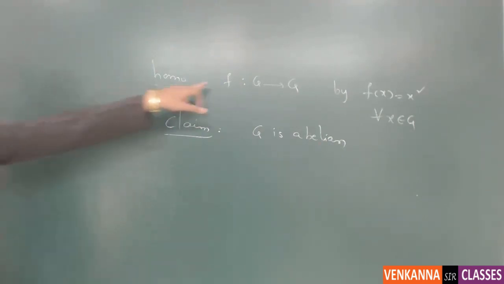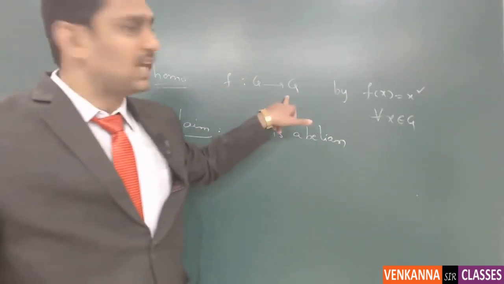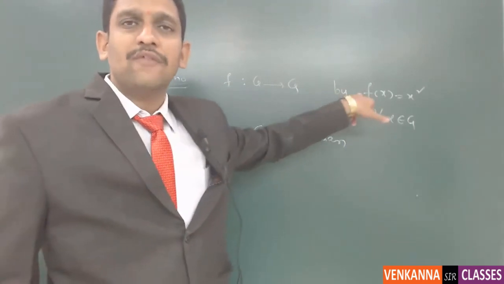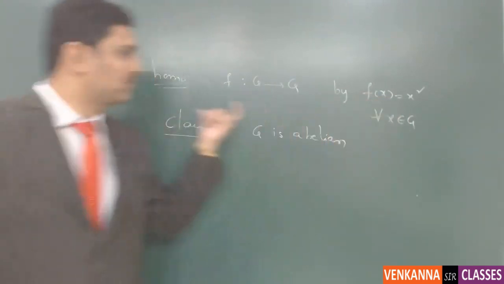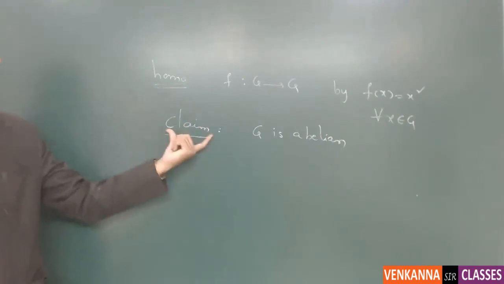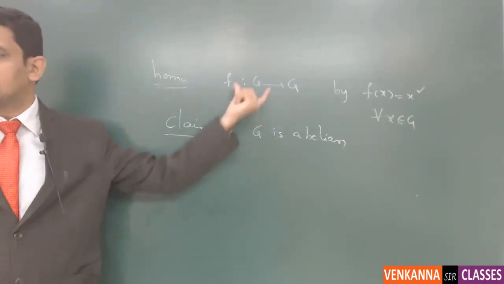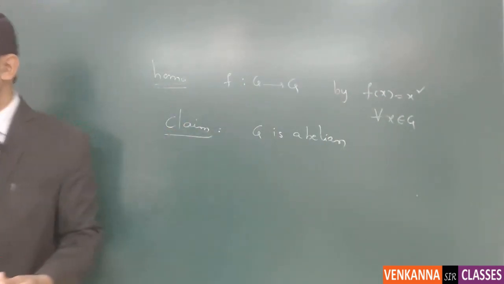So if the mapping f from G to G itself defined by f of x equal to x square is a homomorphism, then we have to show that G is abelian. This is the problem, so take a note of that.